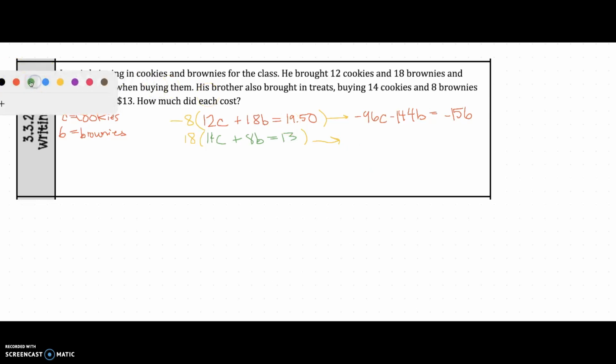Now my second one, I'm going to multiply everything by 18. So 18 times 14 gives me 252C. Then 18 times 8, I know that because I already did that once, is going to be a positive 144B. And 18 times 13 gives me 234.